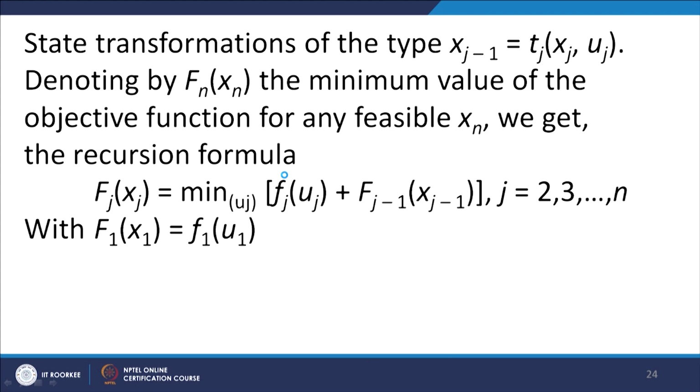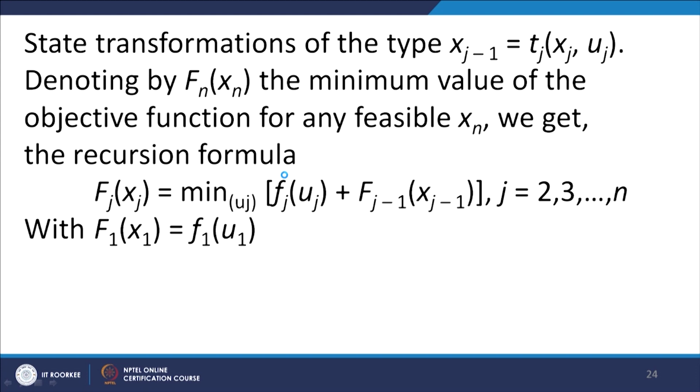Then we need to define the state transformation functions of the type xj minus 1 is equal to tj(xj, uj), by denoting by fn(xn) the minimum value of the objective function for any feasible xn.